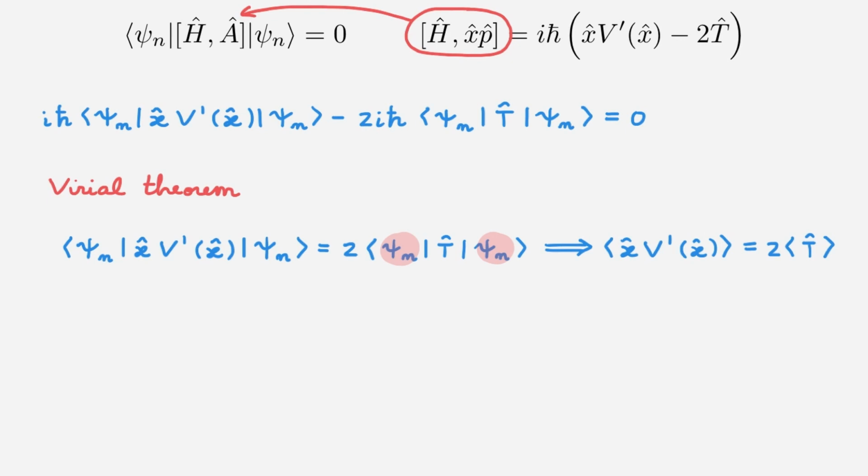Let's now try to understand a bit more what the Virial theorem means. It provides a very general relationship between the expectation values of potential and kinetic energies without the need to explicitly evaluate them. Evaluating expectation values can be tedious. For example, it may require long integrals if we work in the position representation in terms of wave functions.